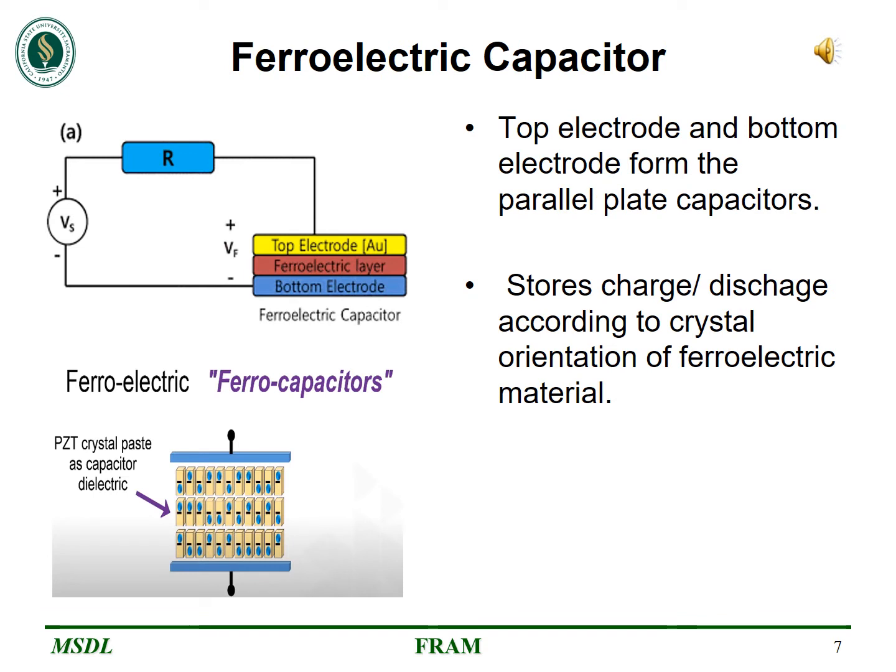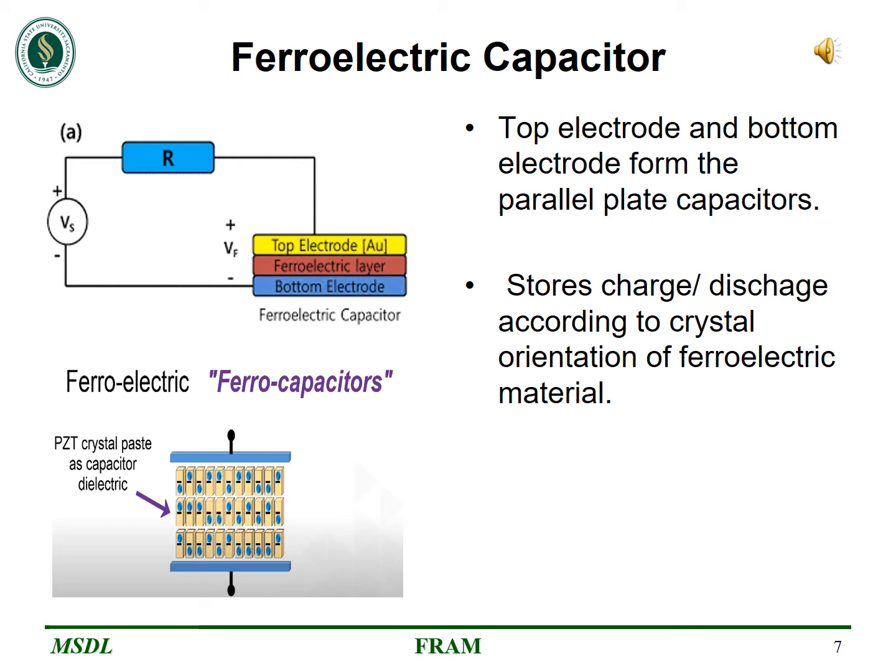A ferroelectric capacitor can be built using two electrodes and a PZT thin film as a dielectric. Electrodes are nothing but metal plates. As we can see in this circuit, the top electrode is connected to the positive voltage source, while the bottom electrode is connected to the negative source.